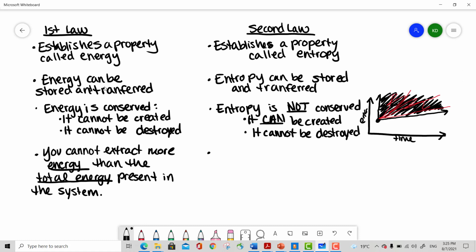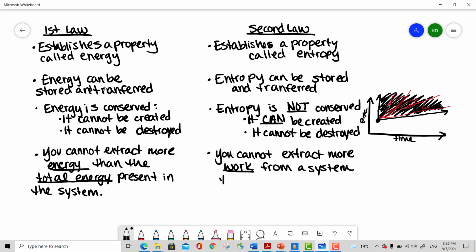And then for the second law, you cannot extract more work from a system than the available energy present in the system.